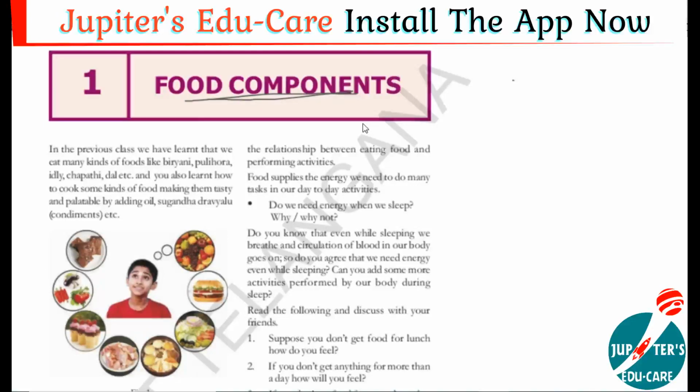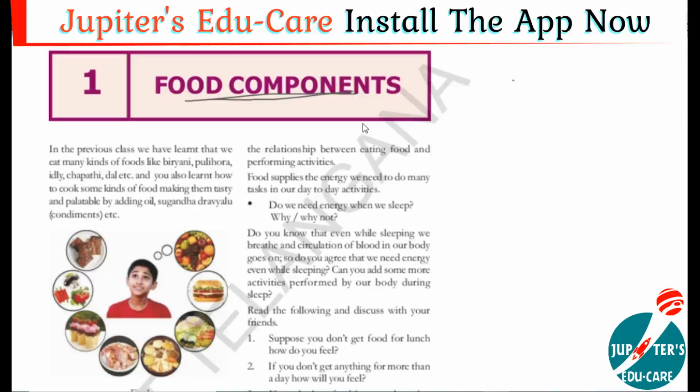At the same time, to identify different components we have tests like the starch test and fat test. So we are going to identify which components are present, what they are, and how they help us. Okay, so let us start.